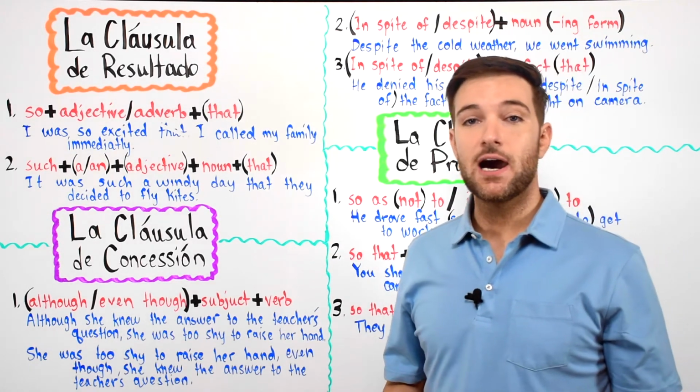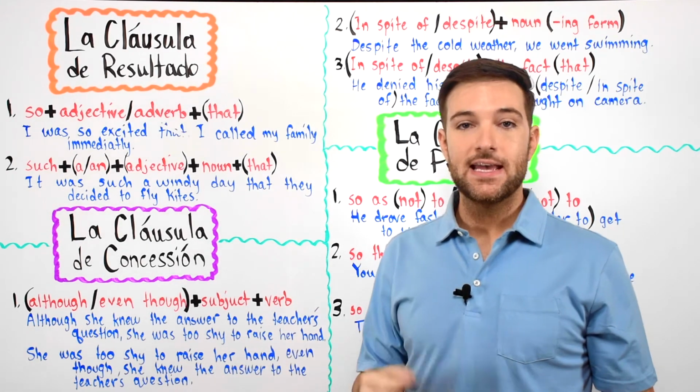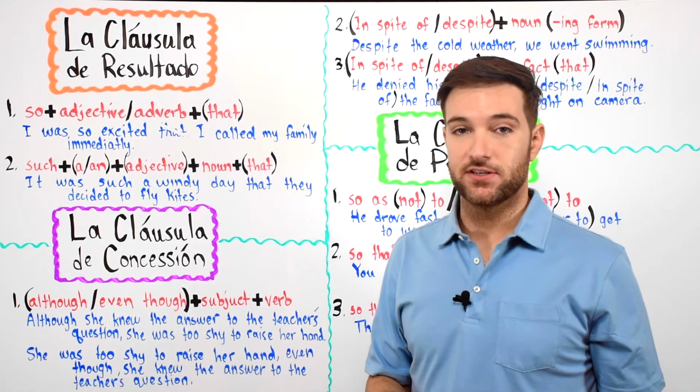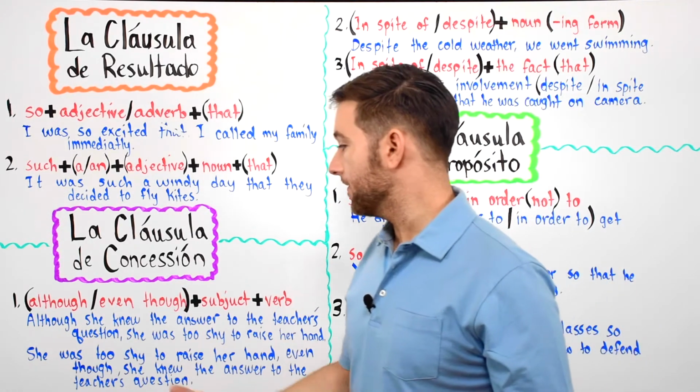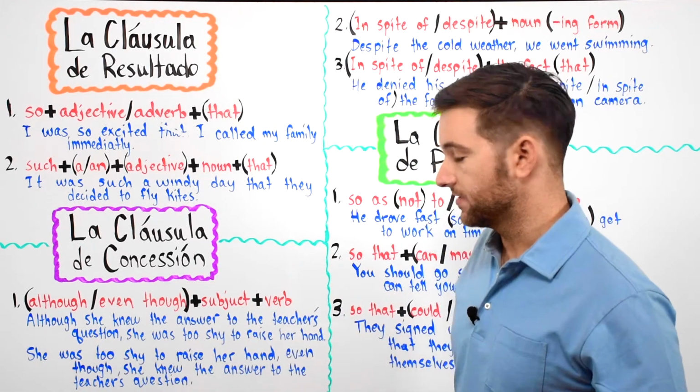También pueden decirlo al revés, colocando estas palabras en el medio de la oración. Okay, so for example, we take although or even though and we put it in the middle of the sentence.